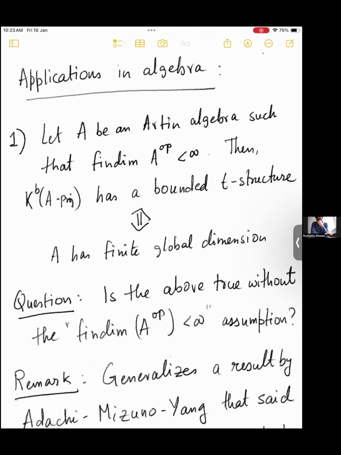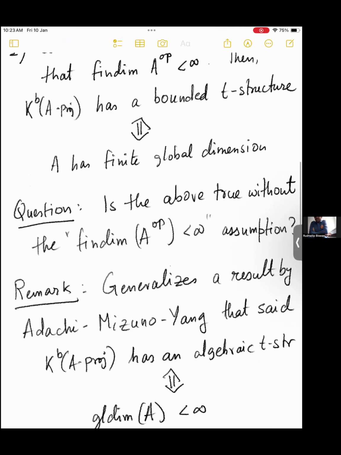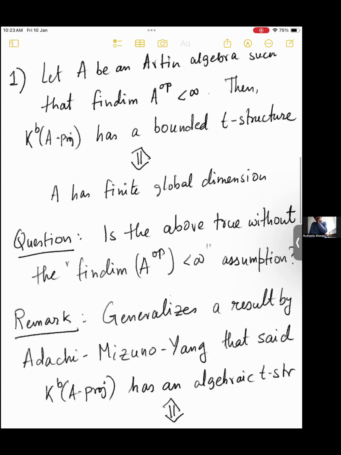Now, this as a result is something about which most representation theorists will, or should, think that this must have been known before because it looks very true, even without the finite finitistic dimension assumption. But it turns out this was not known before. There was a beautiful result by Adachi, Mizuno, and Yang from 2018 or 2019, I believe, who showed that if this same category has what they called an algebraic T structure, which is a bounded T structure that satisfies some additional properties, then that was equivalent to saying the algebra has finite global dimension.